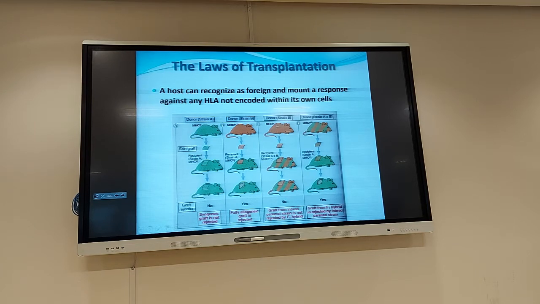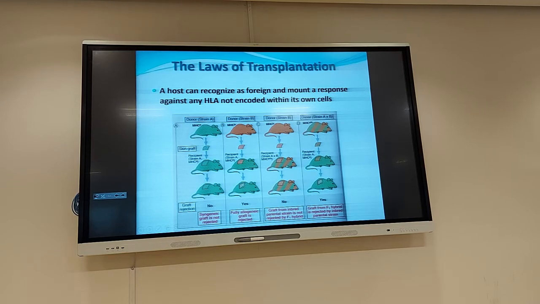Because there are identical or similar proteins in B and this hybrid, there is no reaction, because with this grafted skin there is no difference, there's no change.